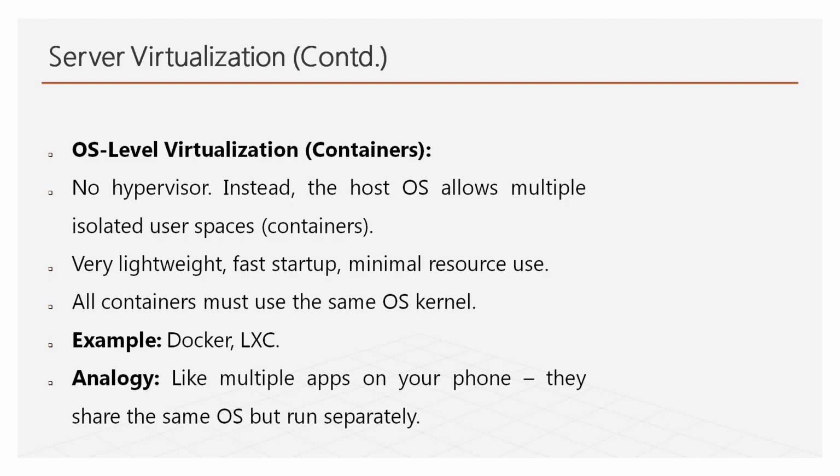So it is at the operating system level, not the hypervisor level. An example is Docker, where each container has its own operating system part. The analogy is multiple apps on your phone that share the same OS but run separately. So every user can work independently on a single system, with multiple users on the operating system without the use of a hypervisor.